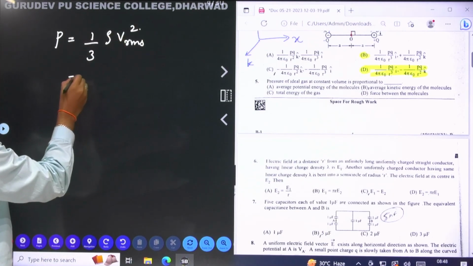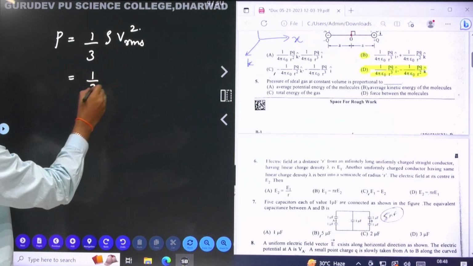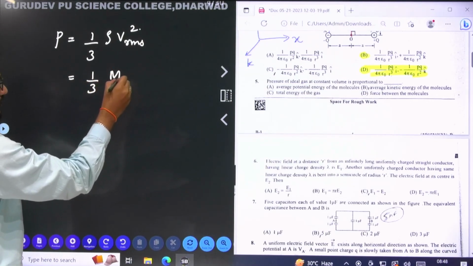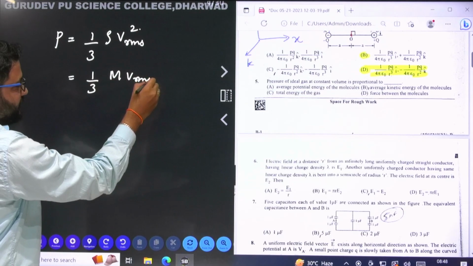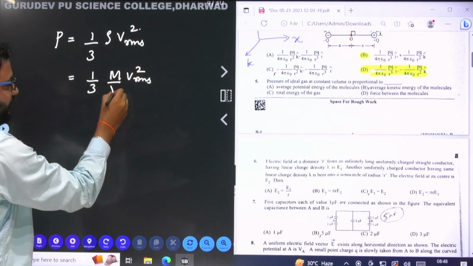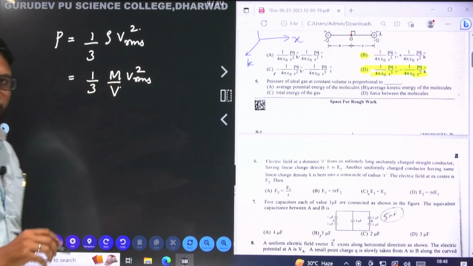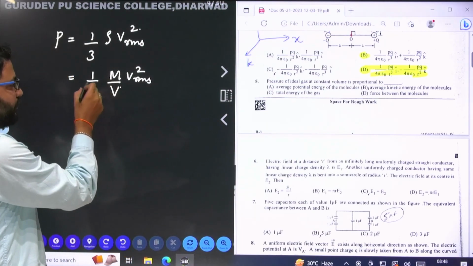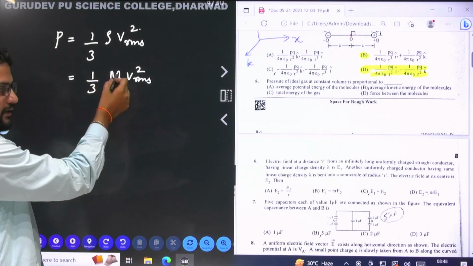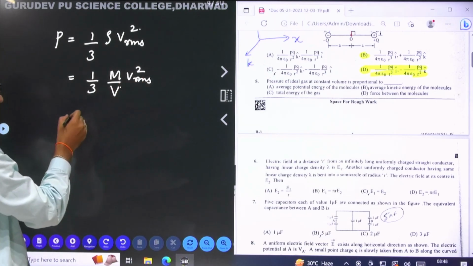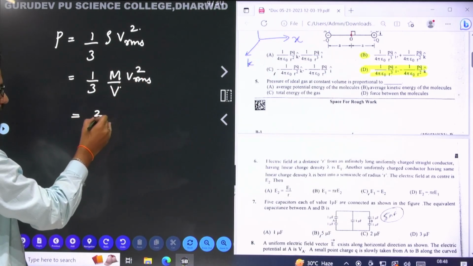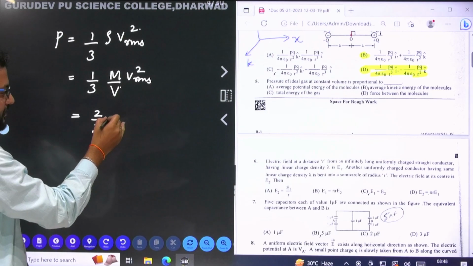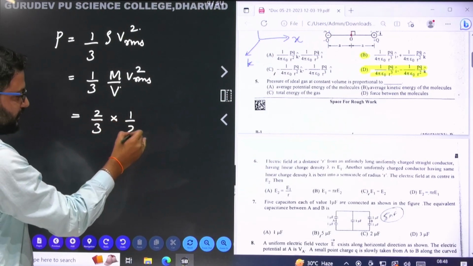If you check this properly, you get M VRMS square divided by V. Assuming the volume is 1 unit volume, you would get 1 divided by 3 M VRMS square. Now, doing some minor rearrangement, I would write it like this.